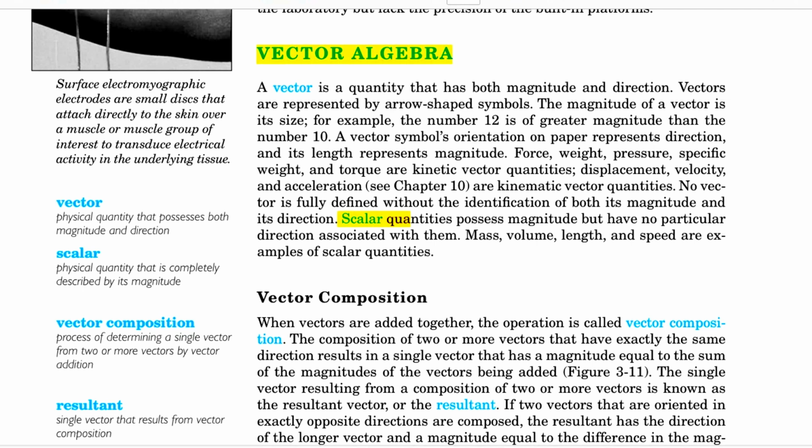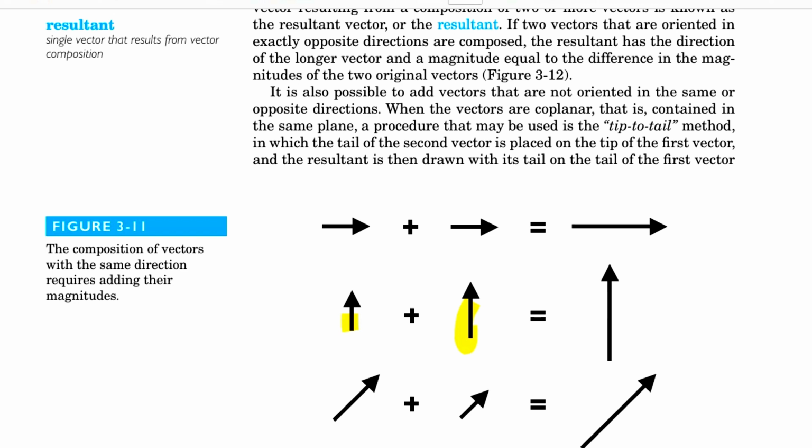Now the vector composition is very important, like how you can add vectors of the same direction, and how you can add vectors of opposite direction. We can see from this picture to understand the concept of same direction vectors and opposite direction vectors.